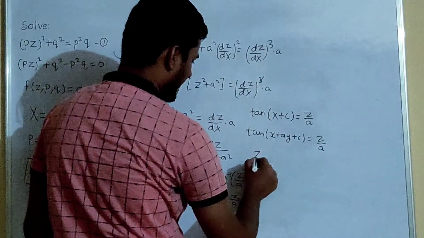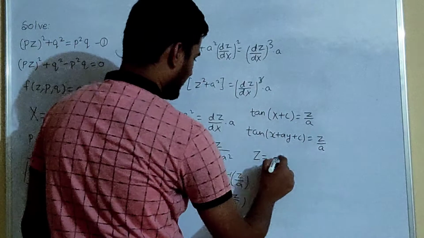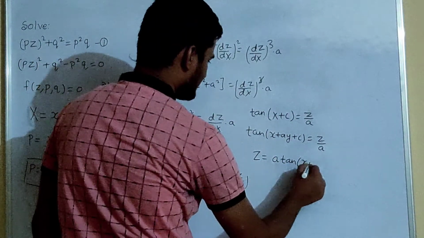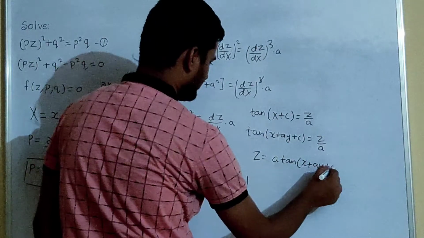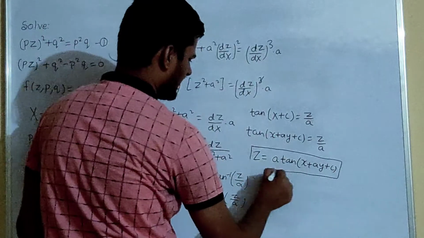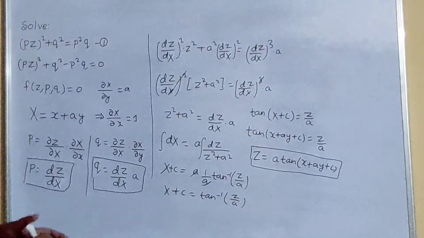Finally I can write z equals a tan of (x plus ay plus c). Based on which side you take the constant, the answer may vary, but this is also one such answer.